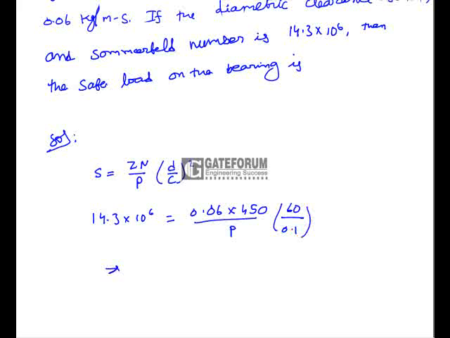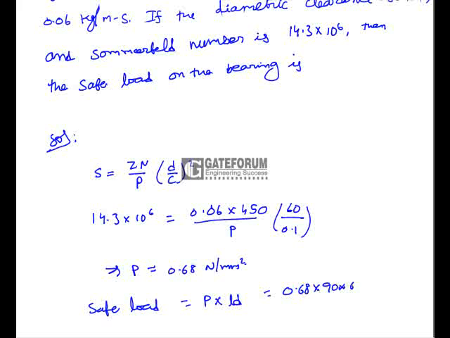So from this equation you can find out the maximum pressure that can be applied on the bearing, that is 0.68 Newton per mm square. Now the safe load on the bearing is equal to the pressure into surface area, that is L into D. So here 0.68 into 90 into 60, which gives a value of 3672 newtons. So in the options, the right option is B.